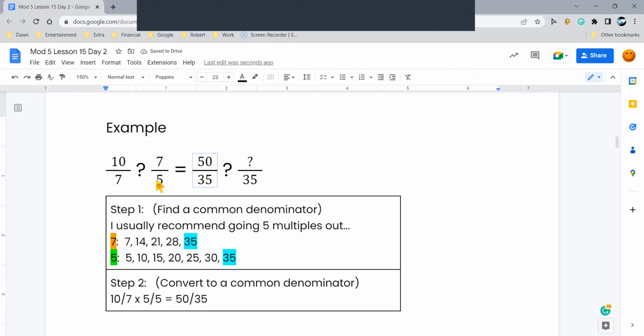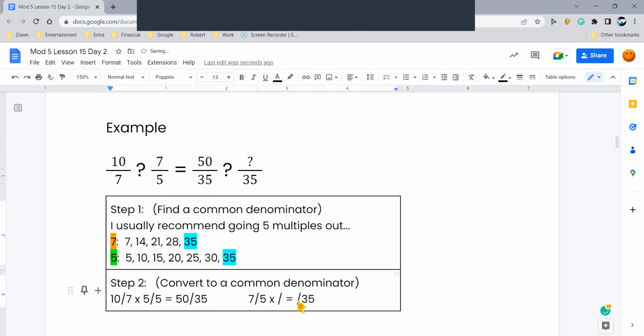Now I'm going to take the next number, which is 7/5. I'm going to come right over here and do 7/5. Again, I'm going to multiply it by some fraction that equals a whole 1, which equals some fraction over 35. Remember, we're looking for an equivalent fraction, and we need 5 times what number will give us 35.